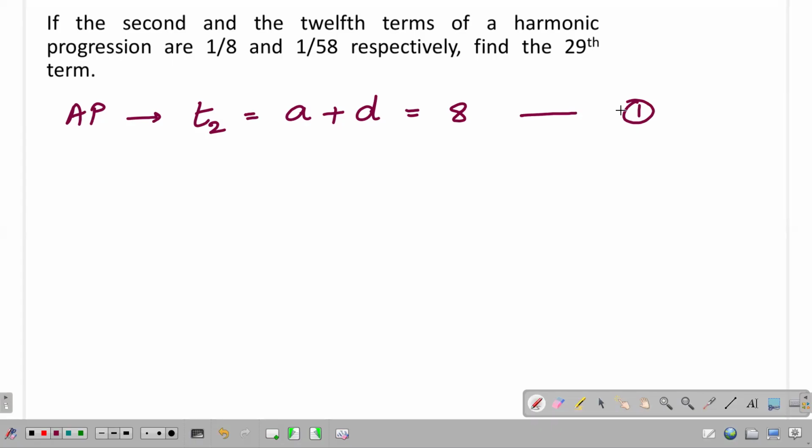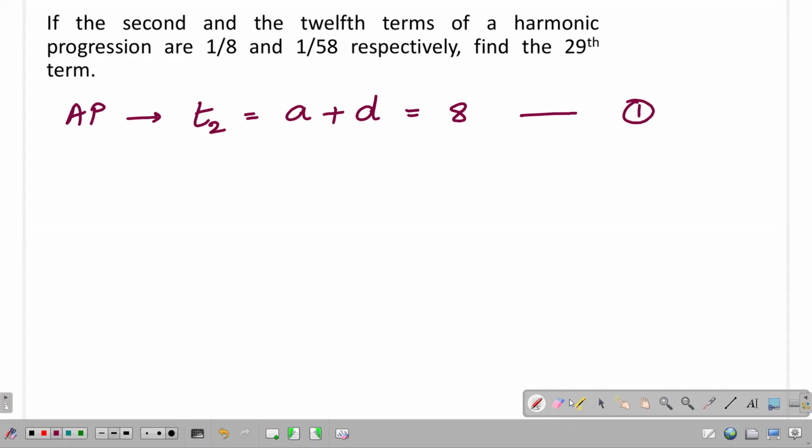Did you get what I just said? Don't look at it as harmonic progression and all. If the second term of the harmonic progression is 1 by 8, you convert that harmonic progression into arithmetic progression. So the second term of the arithmetic progression, that is a plus d, will be equal to 8. Simple logic.